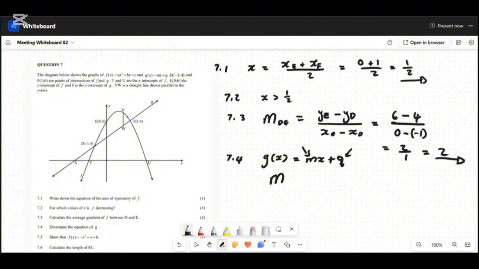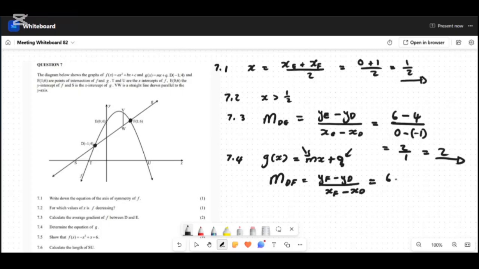So how can you find the gradient of G? You can use point F and point D because they are on your straight line. I'm going to say m of DF is equal to yF minus yD over xF minus xD. This is equal to, what is yF?